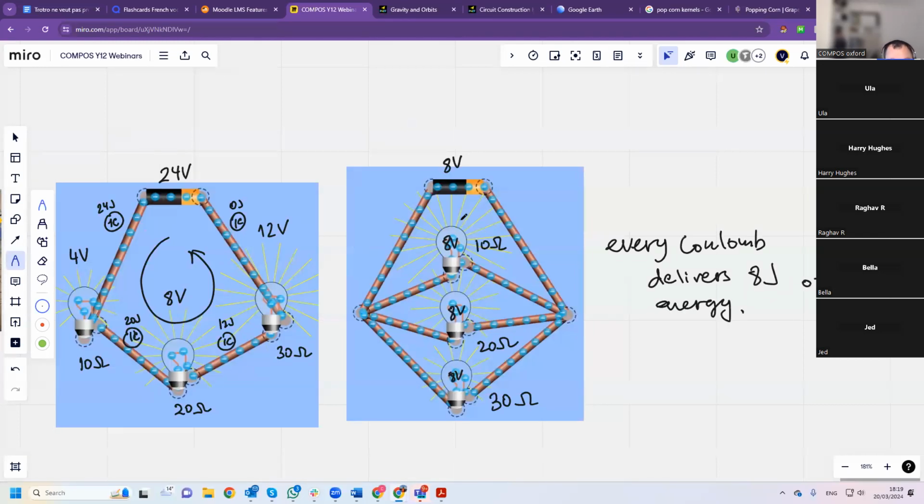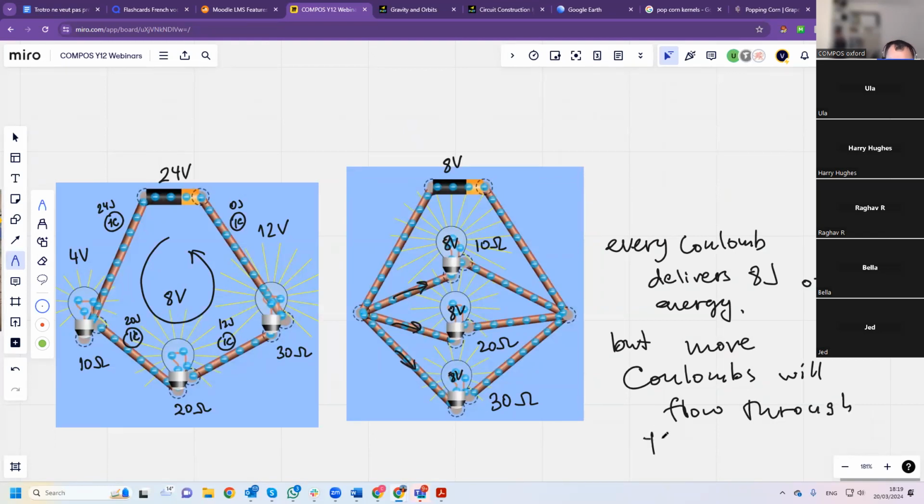But because they have different resistance, more coulombs will flow through the 10 ohm. Less current will pass through this one, but more coulombs will flow through the 10 ohm.